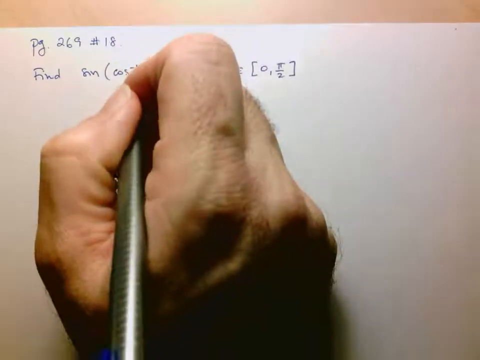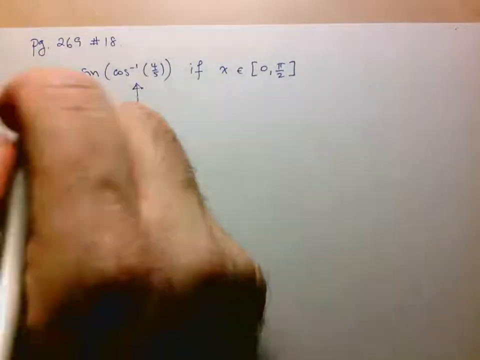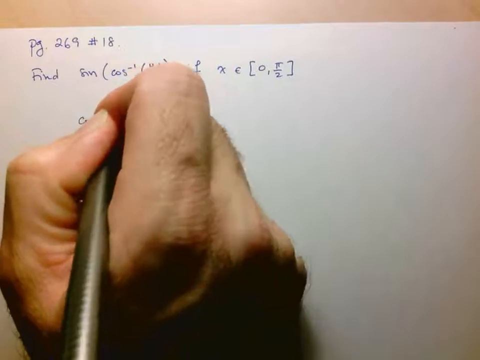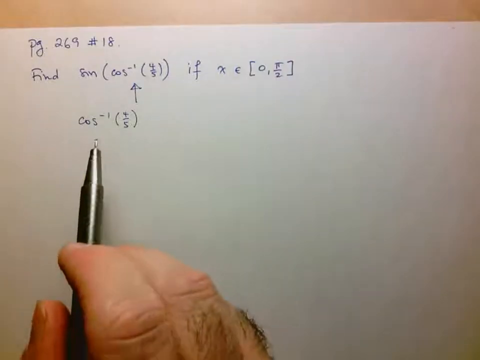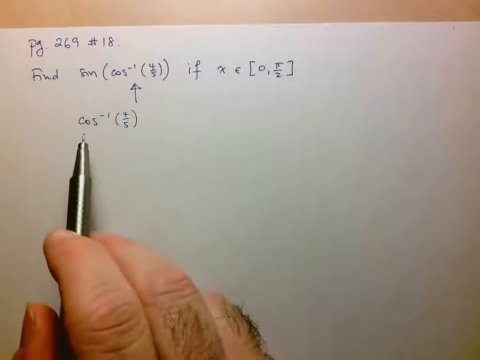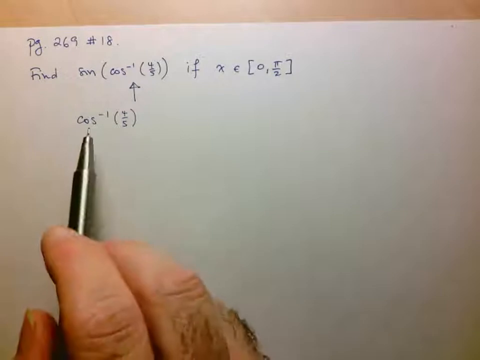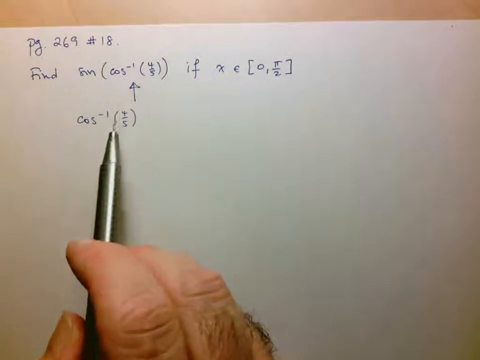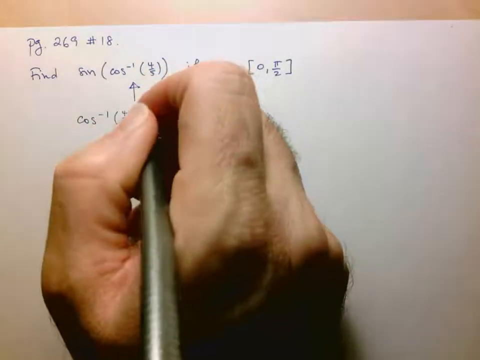The first thing I'm going to do is start off with this expression in the brackets, cos inverse of 4 over 5. If you remember, we used the trig button cos inverse on your calculator to determine the angle which has this trig ratio. Let me write it another way.